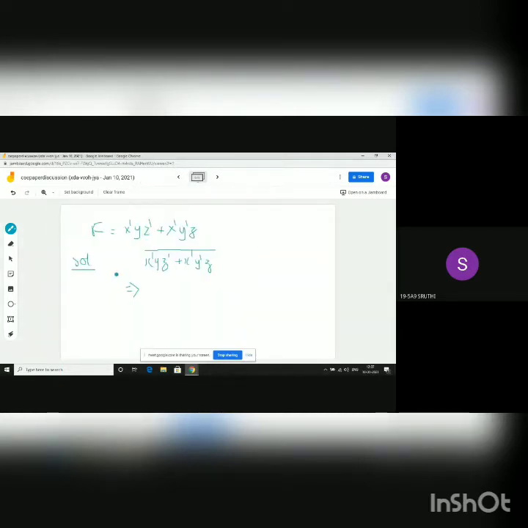Now, coming back to our question. We have x complement y z complement plus x complement y complement z. Let us consider this as two separate things.